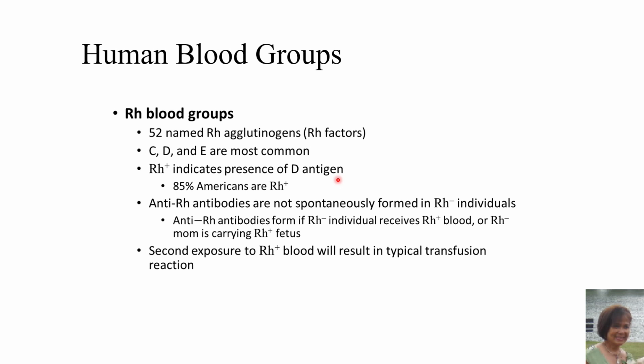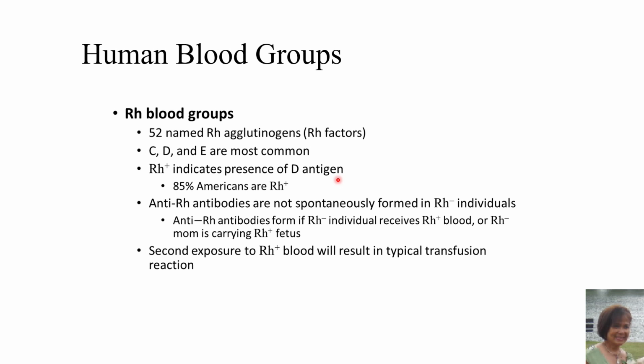Anti-Rh antibodies are not spontaneously formed in Rh negative individuals. So if you are an Rh negative individual, and if you are a woman and you have not had any child yet, you have to make sure that you know if you are Rh positive or Rh negative.